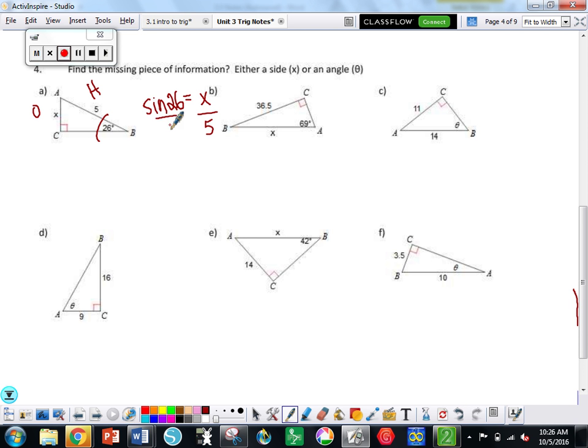Set it up into a cross multiply problem. 5 times the sine of 26 equals 1 times x. Can we just call it x? Do I need to do anything further, or can I just plug it into my calculator at this point? Plug it in, because x is already by itself, right?